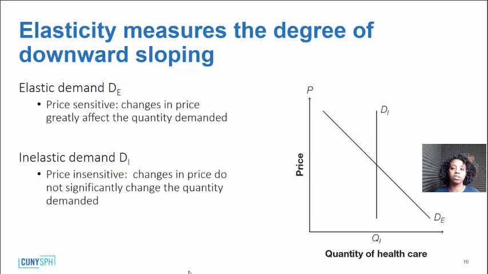Inelastic demand, shown here as the vertical line, D sub I, means that no matter what price is along that curve, the quantity, Q sub I, is exactly the same. That would be an example of completely inelastic demand. It doesn't matter what the price is, they're still going to buy the same amount.